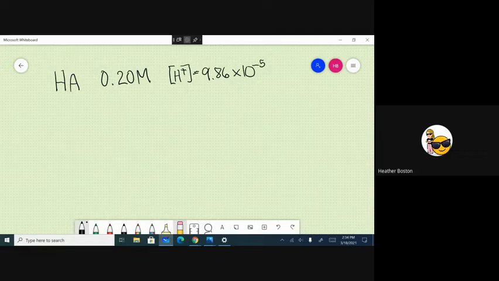And they're asking us to find the Ka. So this right here is our initial concentration. This right here is X.